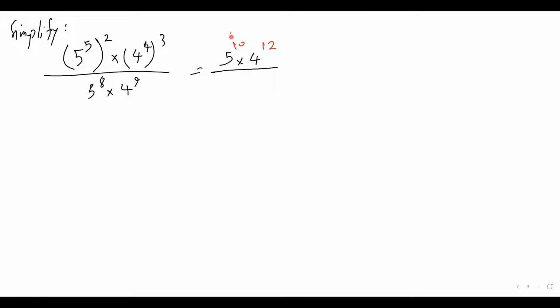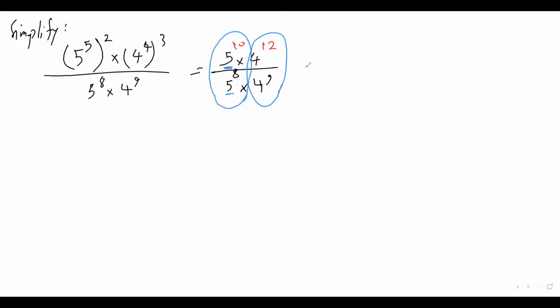I can't combine them. And in the denominator, I have 5 raised to the power of 8 and 4 raised to the power of 9. Now, since this is a single fraction, and we have the base 5 both in numerator and denominator, you can take a look at these two and these two separately.